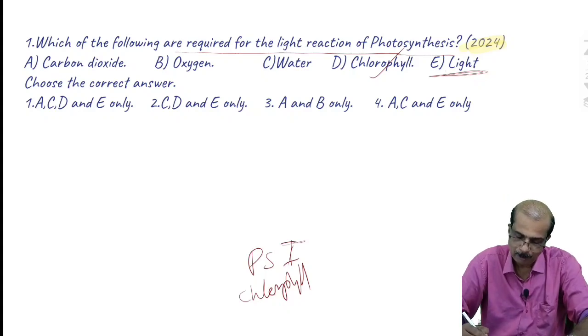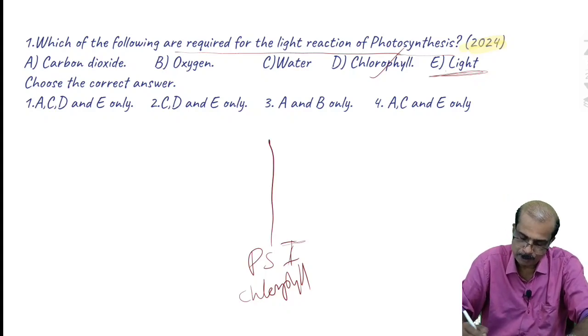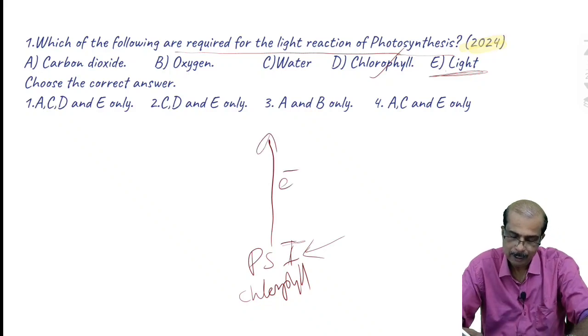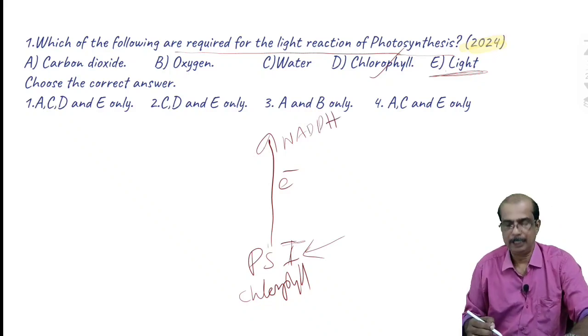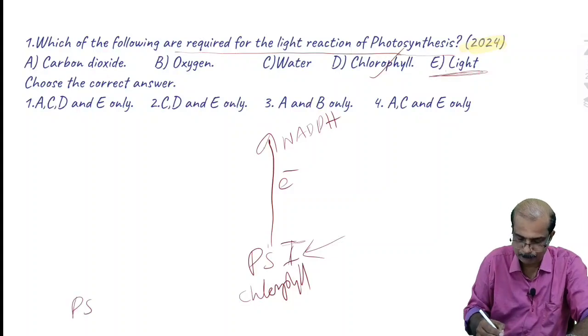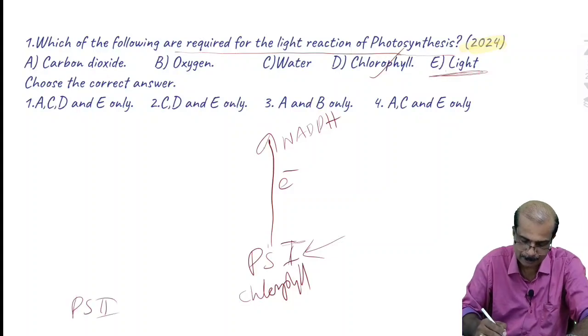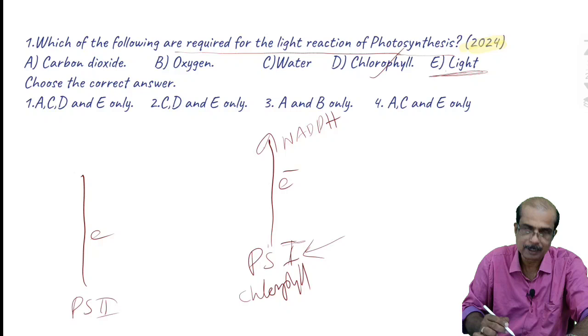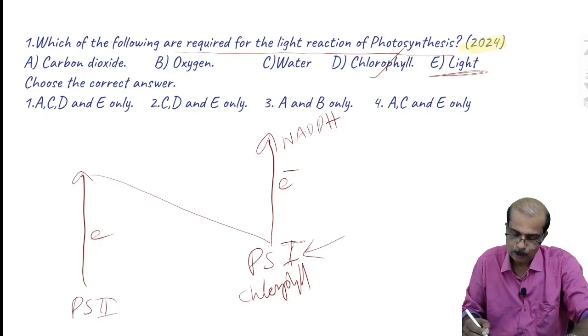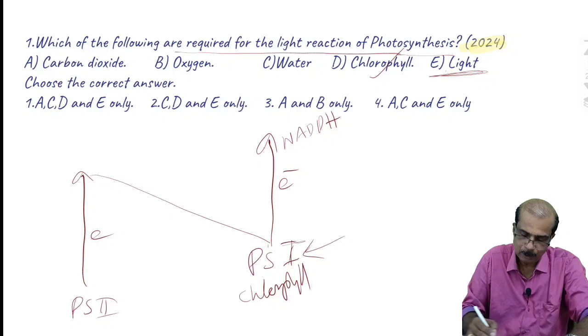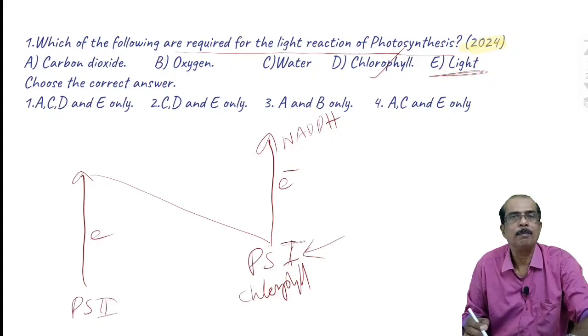Then when PS1 absorbs light, an electron is ejected, and that electron is used for the production of NADPH. The path of electron is completed there. Then another photosystem, PS2, operates. It also excites an electron, and this electron travels to PS1 for compensating the electron loss from PS1.